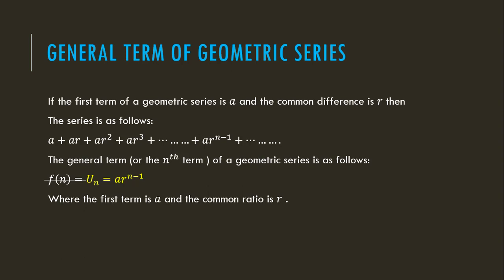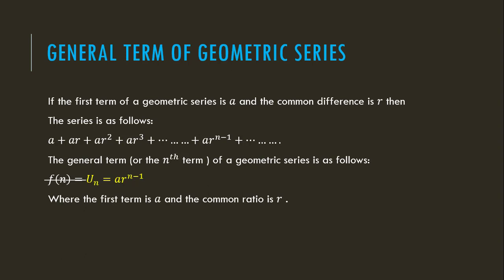Now, what is the general term of a geometric series? Let us assume that the first term of a geometric series is A and the common ratio of the geometric series is R. Then the series is as follows.